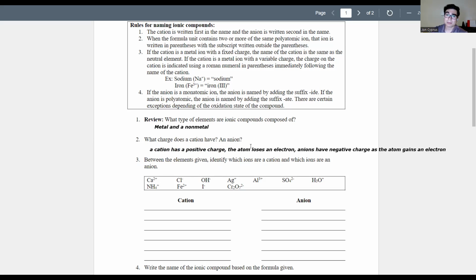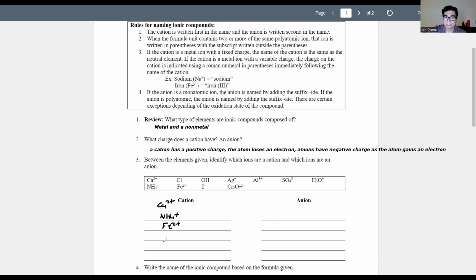Number three says between the elements given, identify which ions are a cation and which ions are an anion. So which ones are cations, which ones are anions, right? Cations are the ones with a positive charge. So calcium 2 plus, NH4 plus, Fe2 plus.